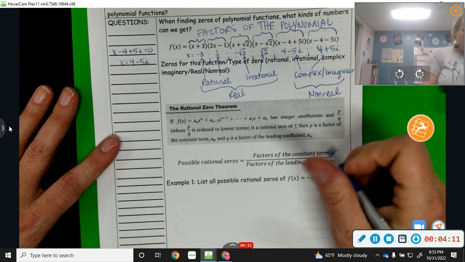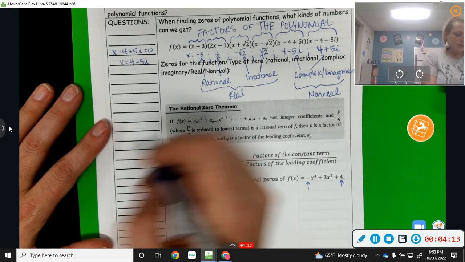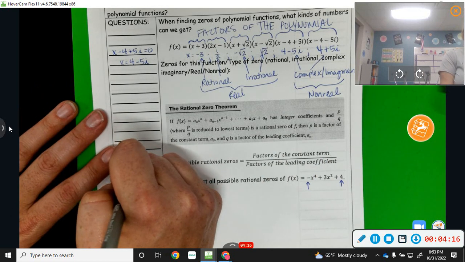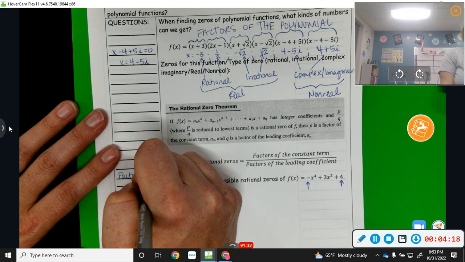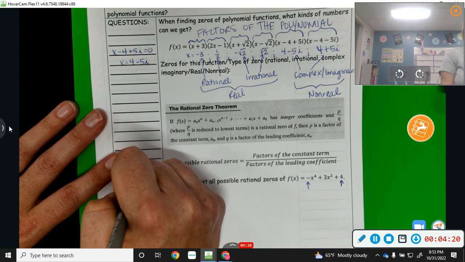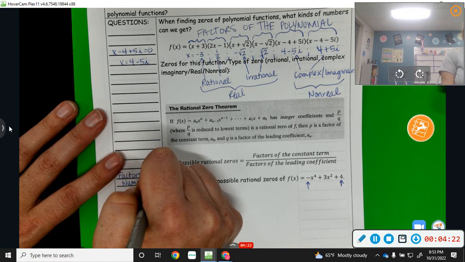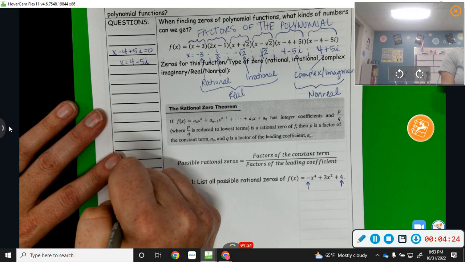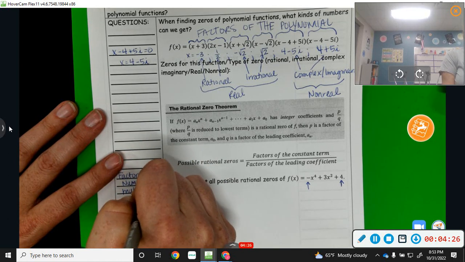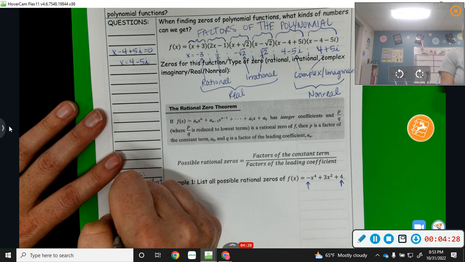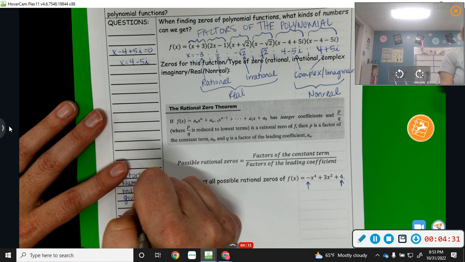So let's list the factors. And what factors are, let's put this off to the side. Factors are just numbers that multiply to give a number.